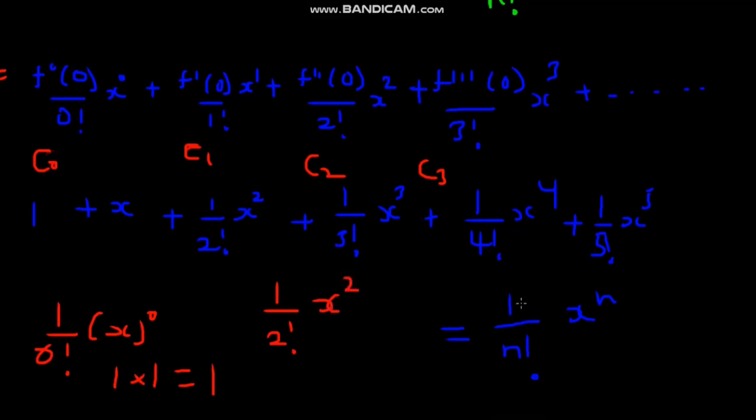So you see that this formula actually works. So you can write plus 1 over n factorial times x to the power n. So that will be the series. This will be the Maclaurin series expansion for the function f of x equals e to the power x.